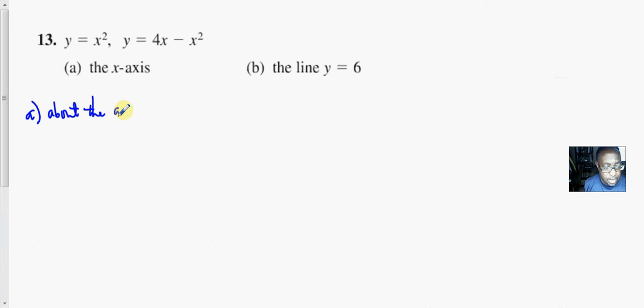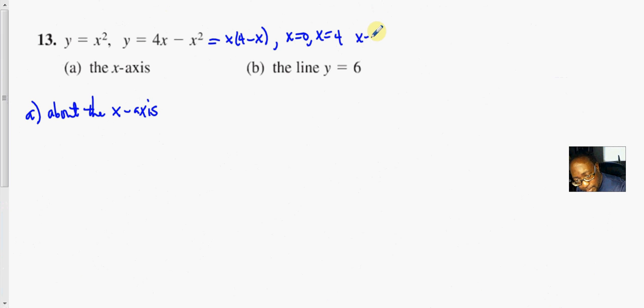Well, if we look at this second one, we need to graph it, follow the directions. Factor out x, get 4 minus x. So the zeros, x equals 0, x equal to 4, would be the x-intercepts.